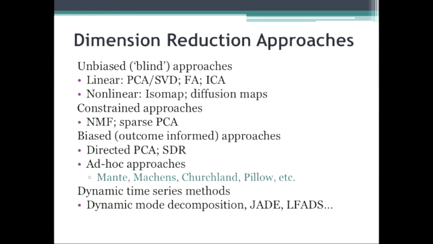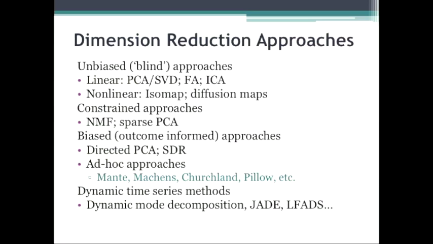You may decide you want to ignore dimensions that have nothing to do with the behavior you're interested in. That's the approach that was taken by the Monte paper that I showed you some figures from at the beginning. And Christian Machens, Mark Churchill, Jonathan Pillow, and a number of other people have taken similar approaches where you're using information about the behavior to select some dimensions rather than others.